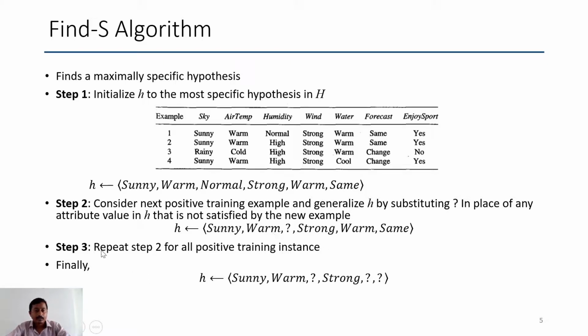So we have to repeat step 2 for all positive training instances, and finally we get the most restrictive, most specific hypothesis for the given training instances. After considering example 4, we have to put a question mark at the 5th and 6th place, because its value is different. So finally we get this hypothesis which is consistent with all the training examples.